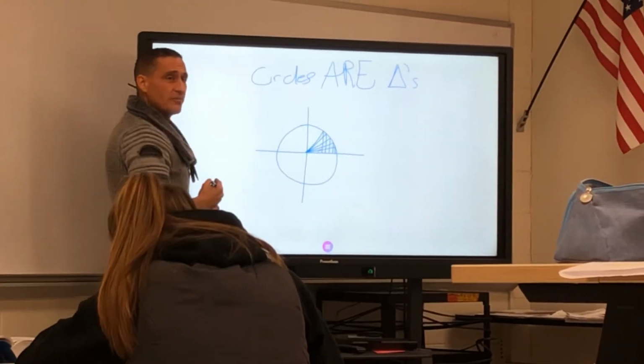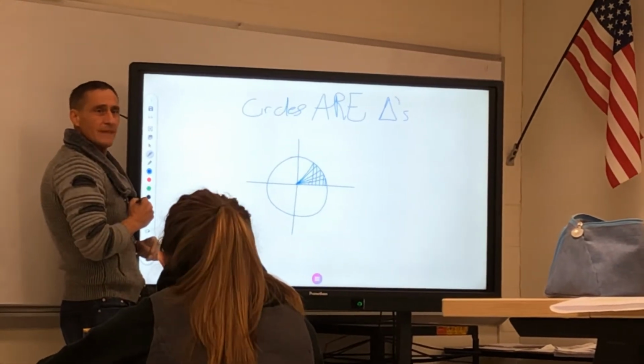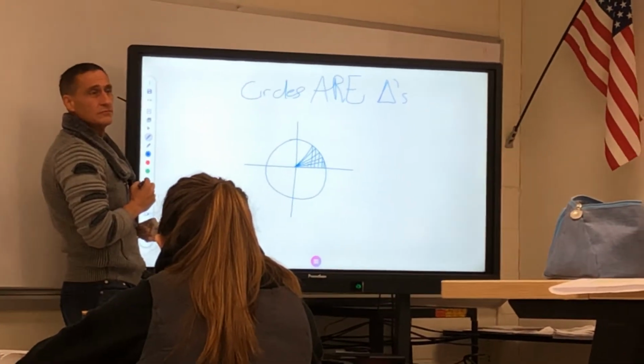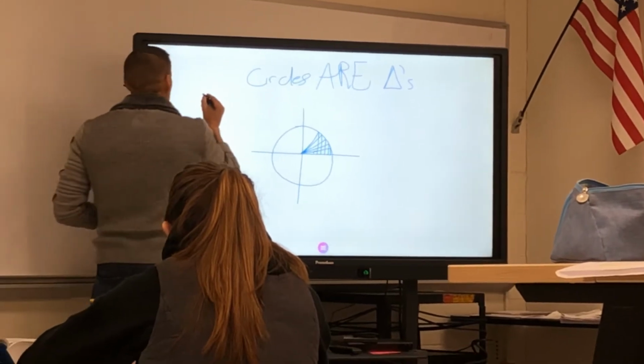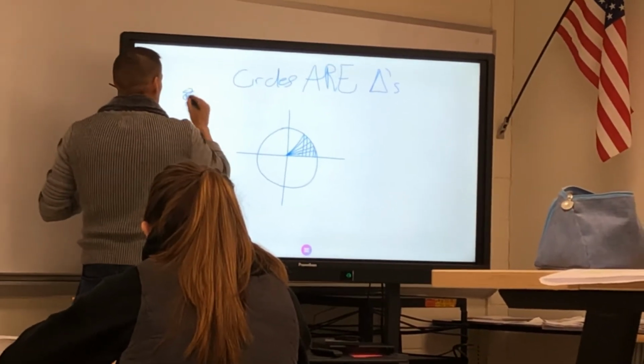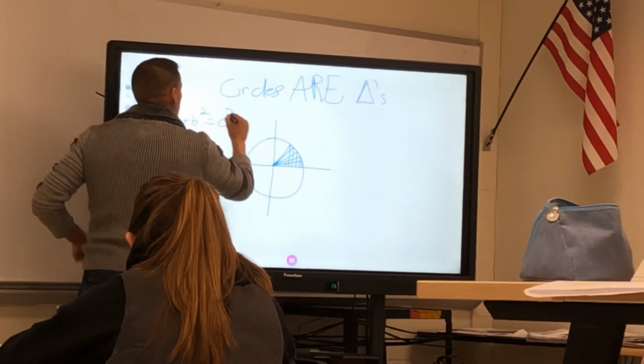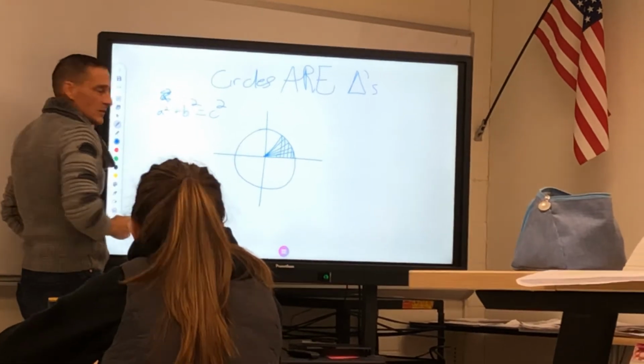Now let's prove it algebraically. What did Mr. Pythagoras teach us about right triangles? Yep, a squared plus b squared equals c squared, right? Let's draw a triangle here.